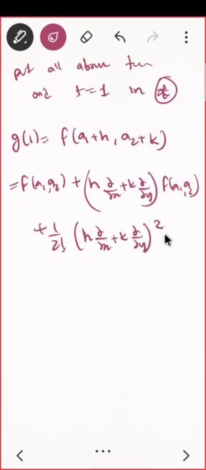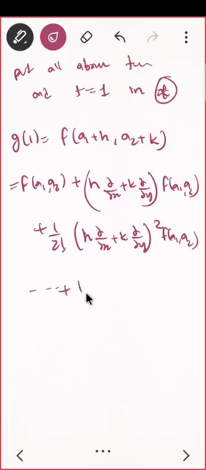That is, this will be g of 1. What is g of 1? That is f of (E1 + h, E2 + k), and that will be f of (E1, E2) plus (h ∂/∂x + k ∂/∂y) applied to f of (E1, E2), plus 1 upon 2 factorial (h ∂/∂x + k ∂/∂y) the whole square f of (E1, E2), and so on.